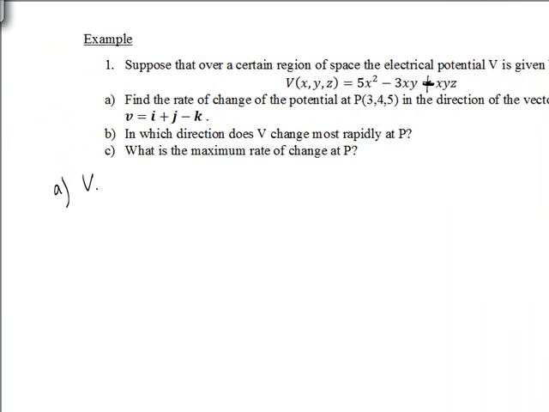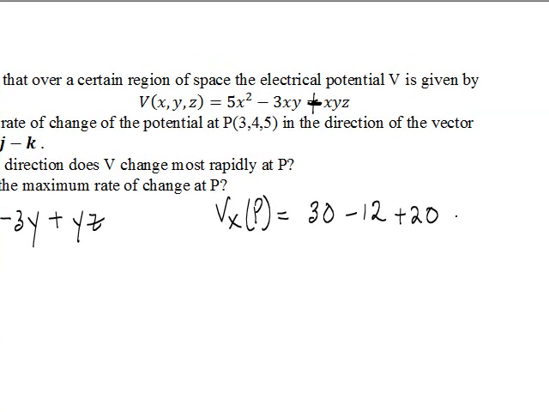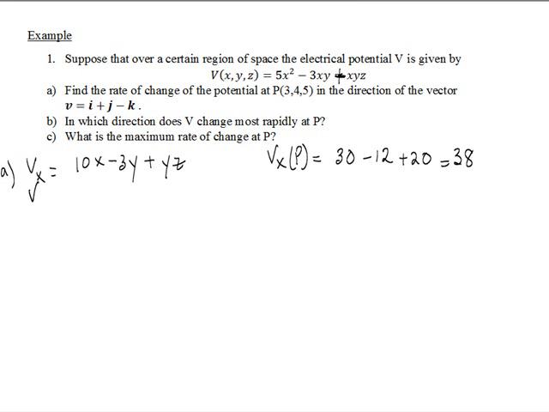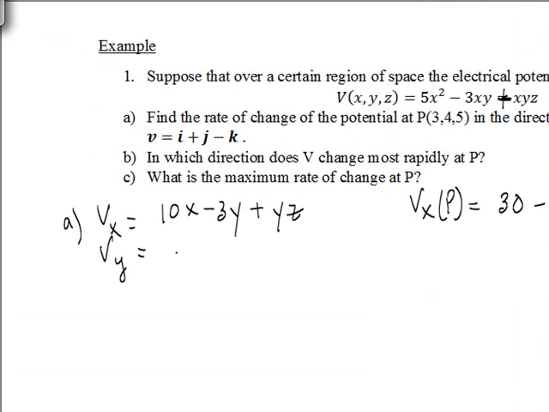So find V partial with respect to x. That's 10x minus 3y plus yz. Find this partial at the point P(3, 4, 5). So that's 30 minus 12 plus 20, which is equal to 38. The partial with respect to y now is minus 3x plus xz.